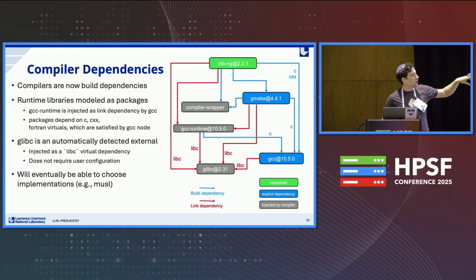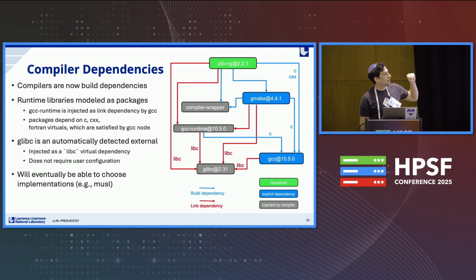The blue boxes are the things that it depends on, and then the gray boxes are the things that the Spack solver adds into the dependency list implicitly based on the dependencies on the languages.